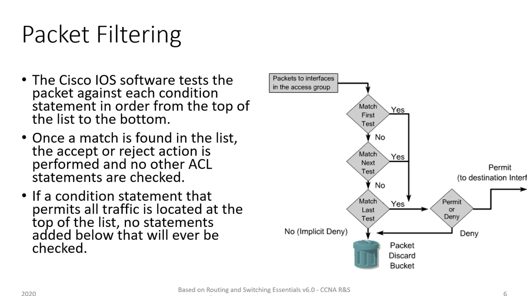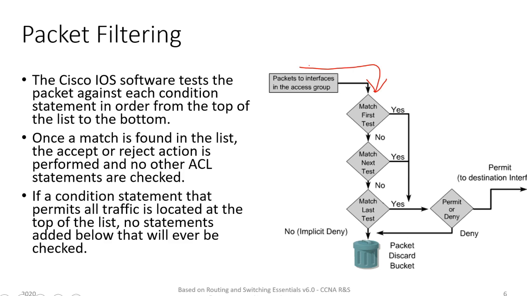When a packet reaches the interface first, we have to do a matching test. We will go through the list of rules that we have, and we will see if there is a match to a particular rule. For each of the statements that are there, we will see whether it is a match.